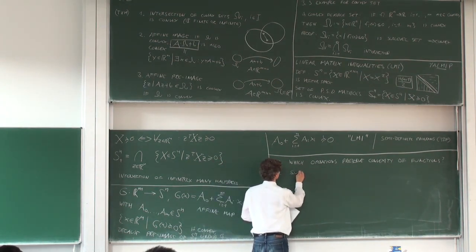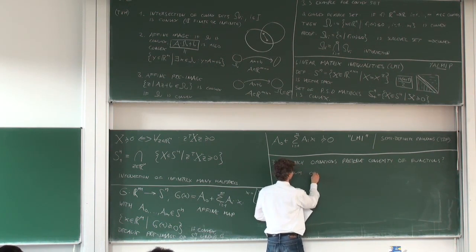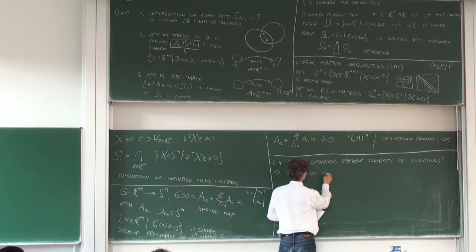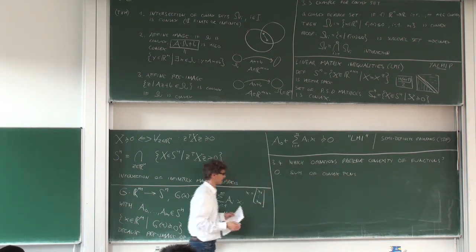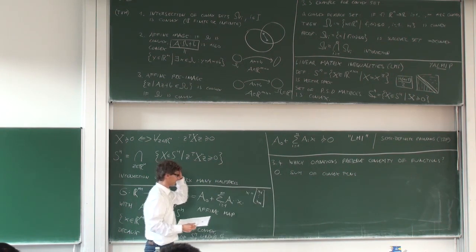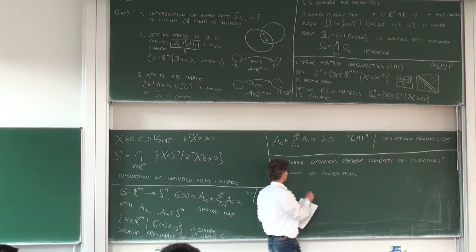Sum of convex functions is of course a convex function, right? If you sum two of them up, or several of them, and more generally, you can also have a positively weighted sum.